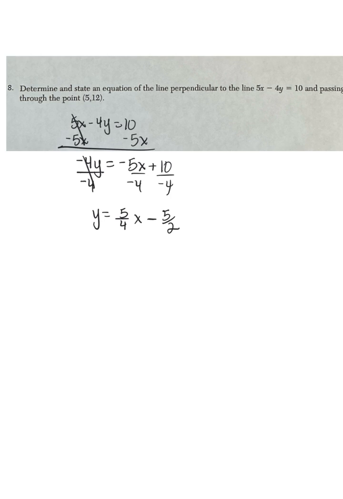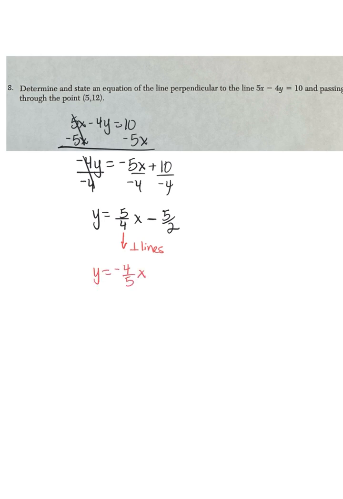All right, now I'm going to read the question a little bit better. It says determine and state an equation of the line perpendicular to this guy. All right, so just like the last two, perpendicular, remember perpendicular lines, their slopes are negative reciprocals.